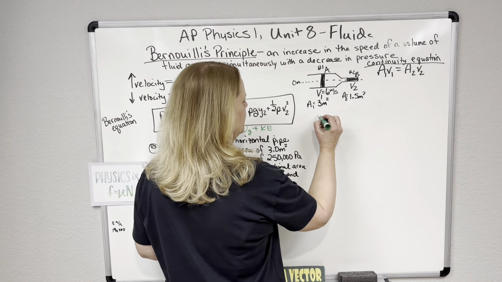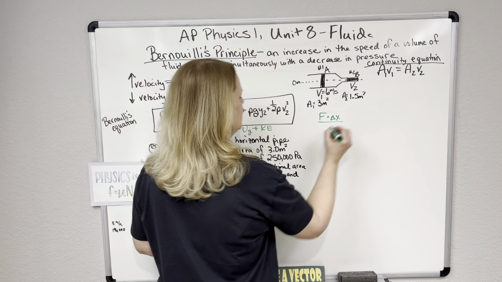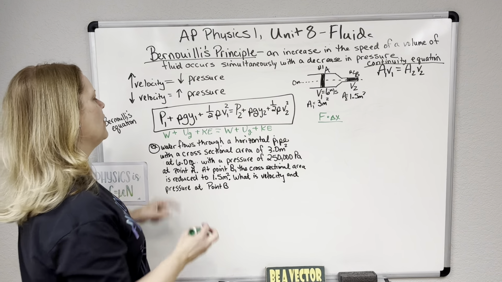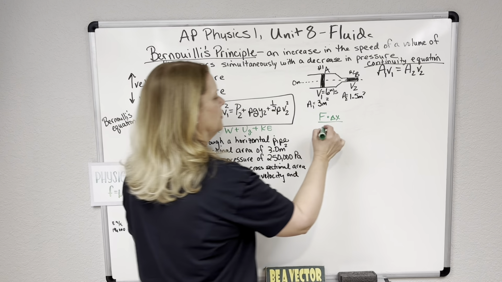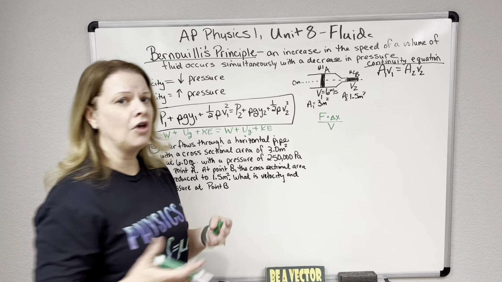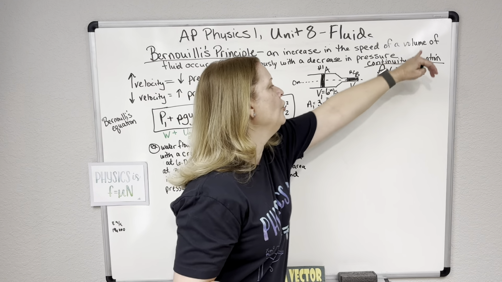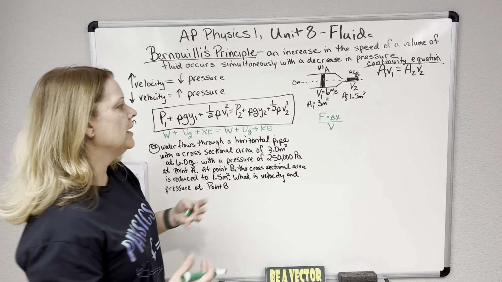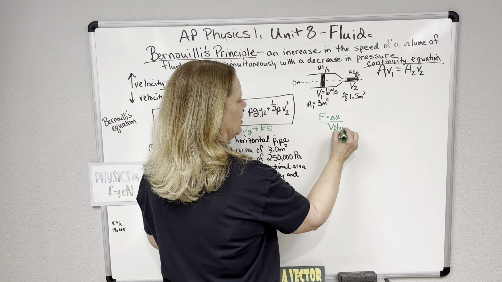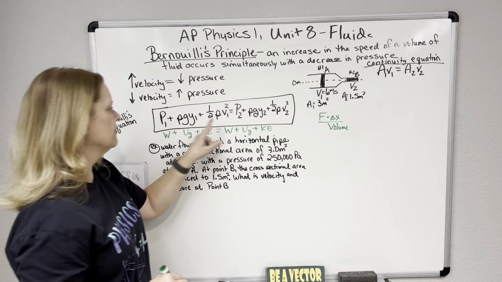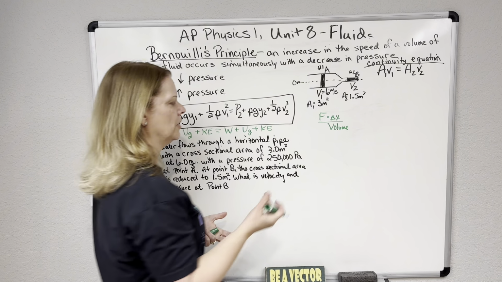Work is force times displacement, right? And then we're going to divide each one of these by an equal volume of water. Because we're dealing with a volume of fluid here, it says an increase in the speed of a volume of fluid. Look at this: volume, this means volume, not velocity. I'm going to write that out because we've got some velocities in our equation, and a big V and a little v is hard to distinguish on a whiteboard.